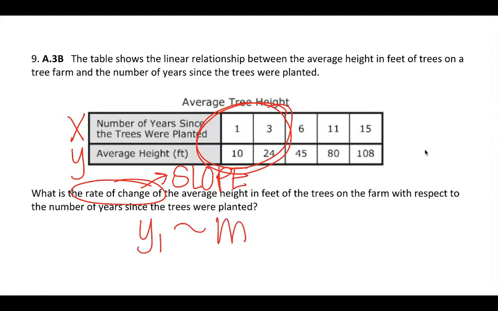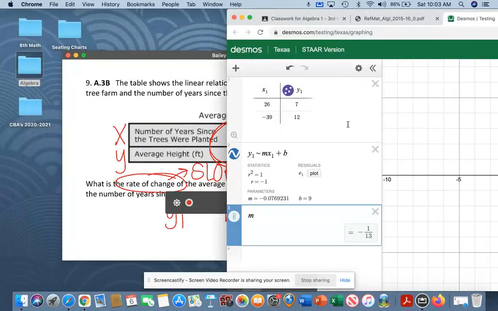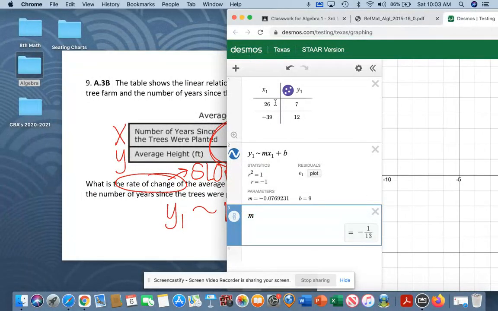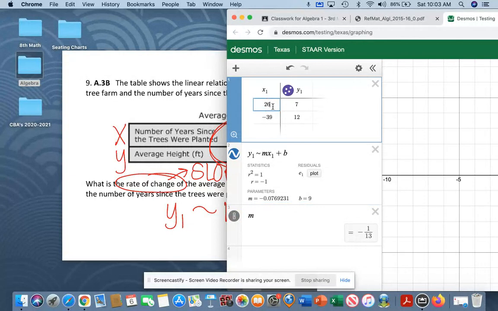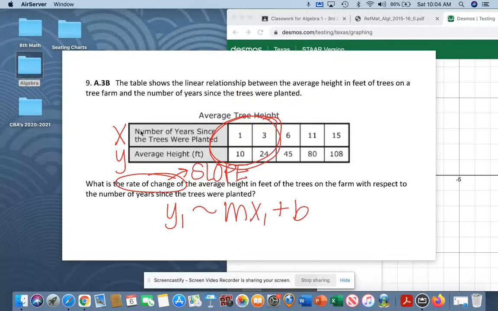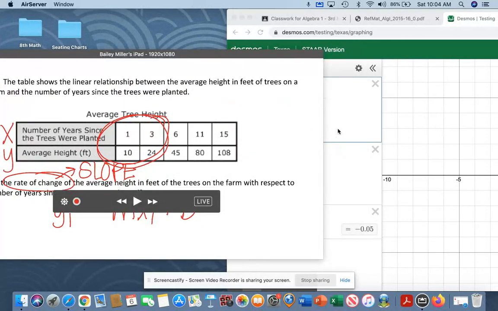And then you plug your y1 squiggly mx1 plus b into Desmos. So I'm going to go here. If you already have this in, you can just change the numbers on the table. That's the lazy way to do it, right? And then if I plug in 1, it's 10. Be careful. Remember, this table is sideways. My table is vertical. It's up and down.